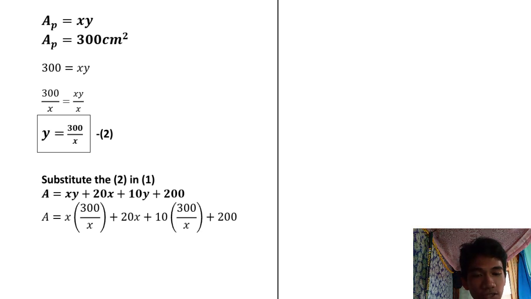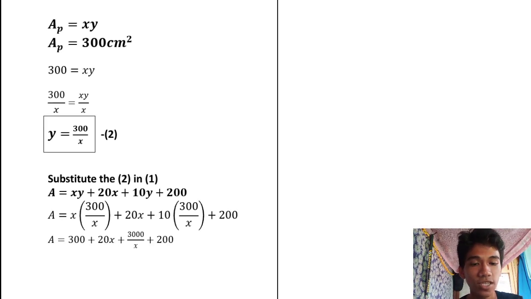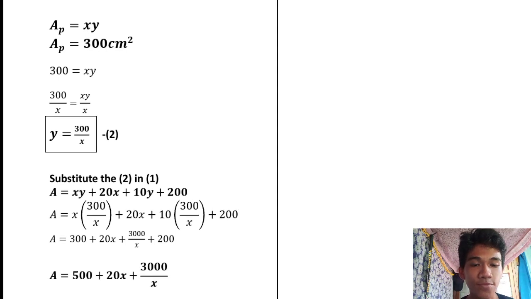Simplify it. We have 300 plus 20x plus 3000 over x plus 200. Then add both terms 300 and 200. So we have the area A equals 500 plus 20x plus 3000 over x.